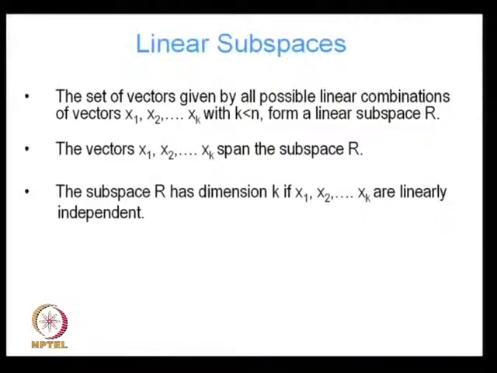Next, we want to talk about linear subspaces. The set of vectors given by all possible linear combinations of the vectors x1, x2 through xk with k less than n form a linear subspace R, and the vectors x1, x2 through xk are said to span the subspace R. The subspace R has dimension k if x1, x2 through xk are linearly independent.